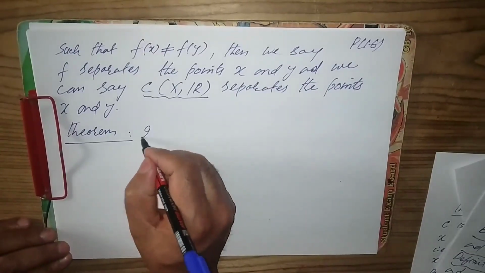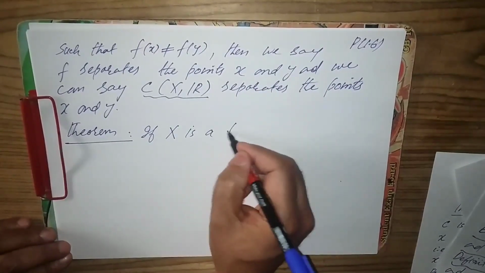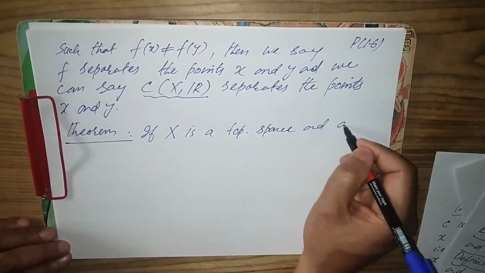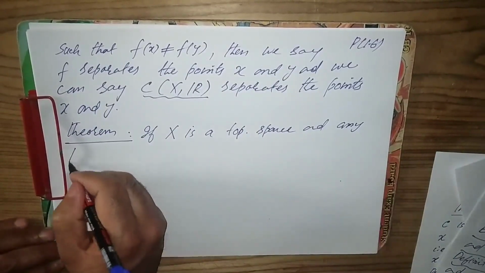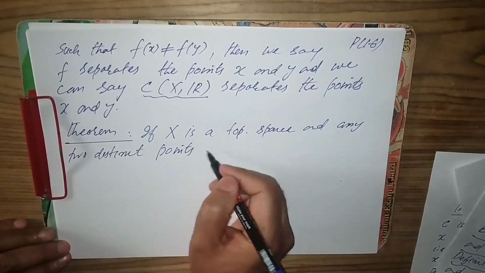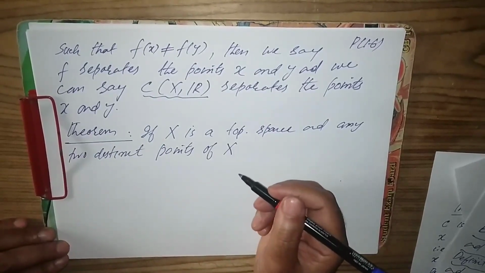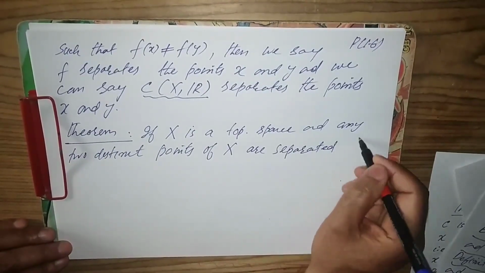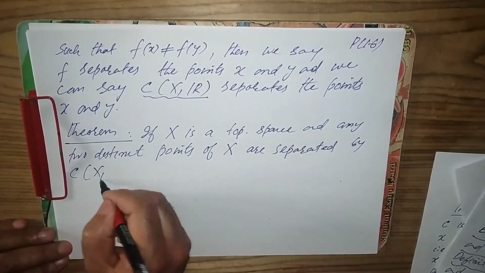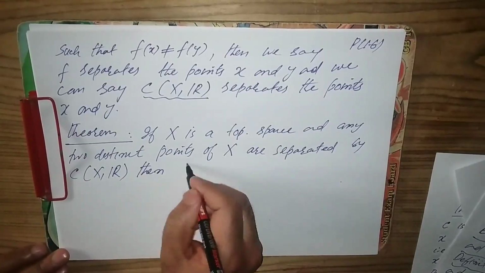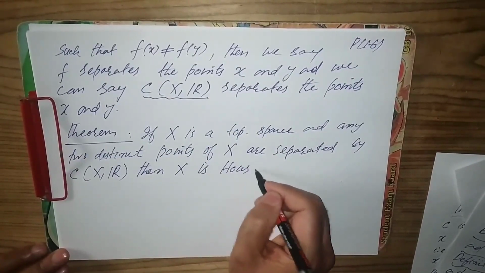If X is a topological space and any two distinct points of X are separated by C(X,R), where C(X,R) means the set of all continuous mappings between X and R, then X is a Hausdorff space.